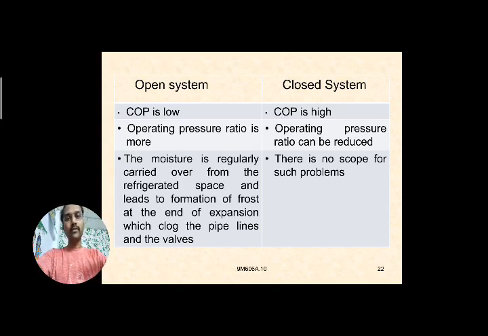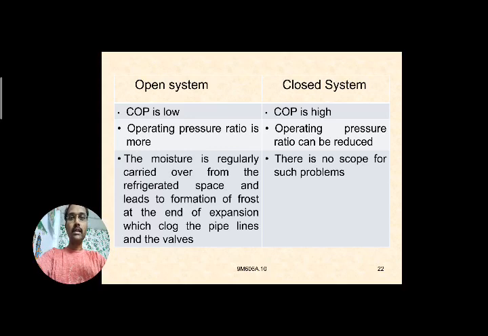Choking occurs due to formation of ice, due to formation of frost at the end of the expander, or the end of the expansion process. Due to frosting, it will clog the pipes. It means it will block the pipelines, and whatever valves are there will also get blocked or clogged, and the functioning of the equipment may get stopped.